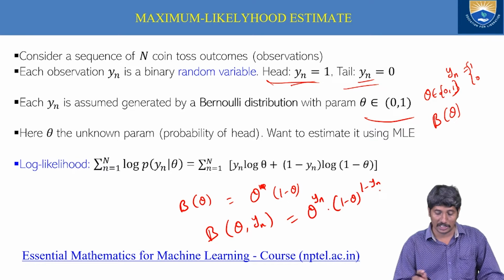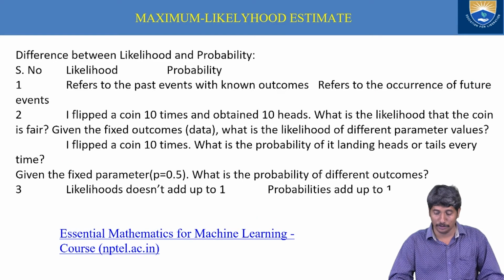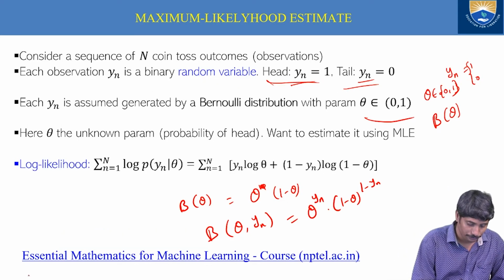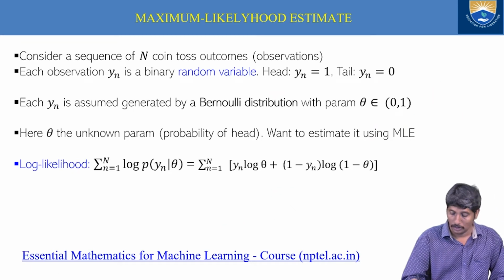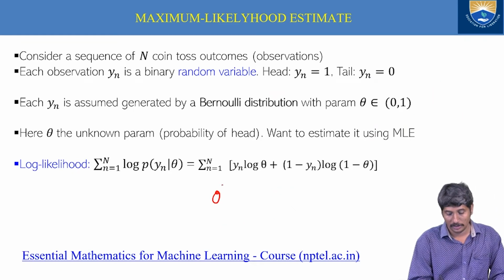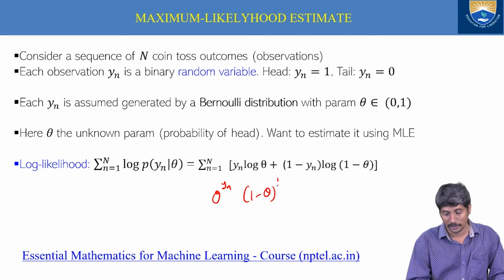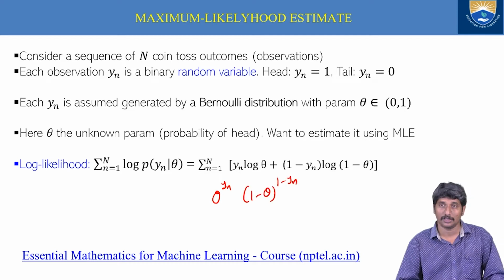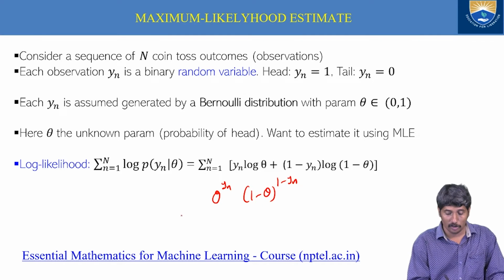Now, after considering this, I'd like to do some calculations. So, theta power yn into 1 minus theta power 1 minus yn. Now, I apply log on both sides. This is b of yn comma theta.